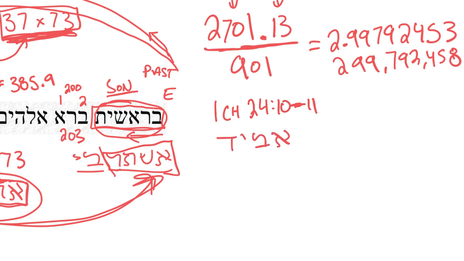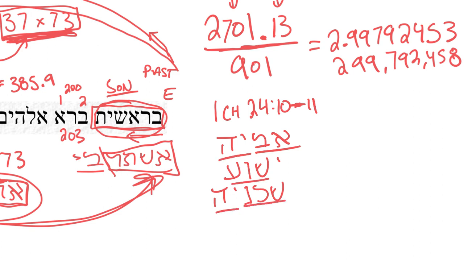Abia, Father God. Yeshua, Jesus. And Shochein Yah, the dwelling of Yah, which is where we get the word Shekinah. This is the Spirit. Okay, Ab is Father, Yah. Yeshua, Shochein Yah. Shochein Yah is equal to 385, and Yeshua is equal to 386.